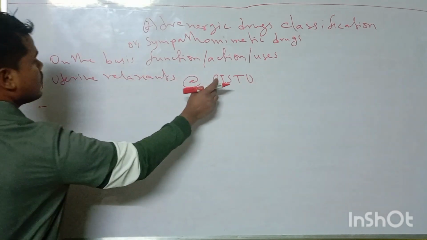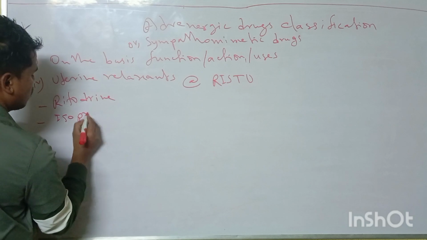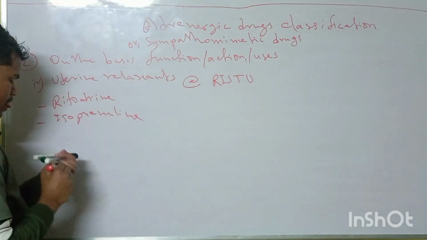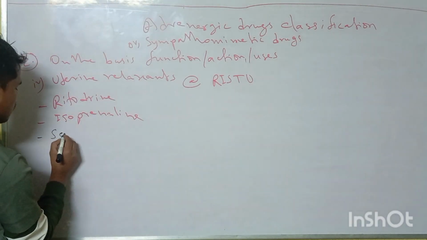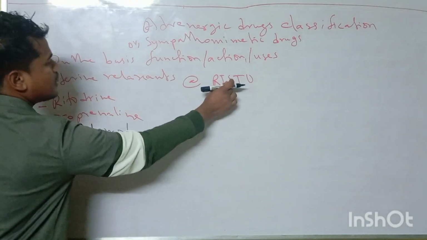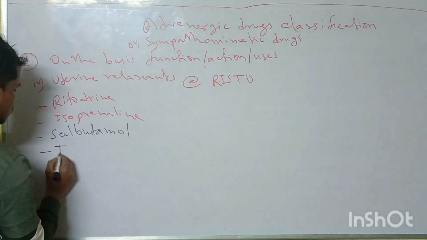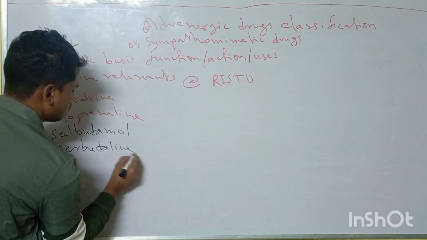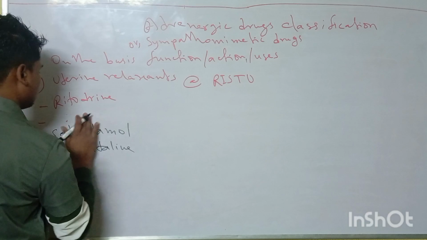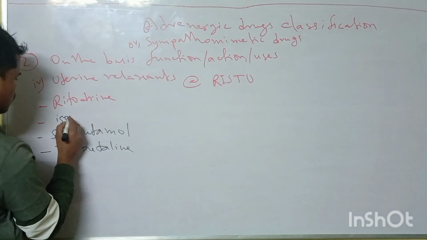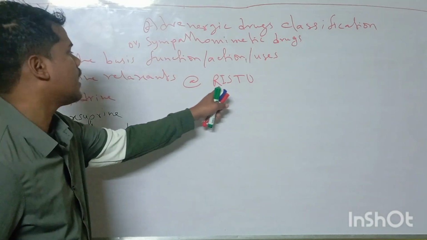U for uterine relaxants, R stands for ritodrine, I for isoprenaline, S for salbutamol, T will stand for terbutaline, and the last U will stand for isoxsuprine. Remember it as Ristu.